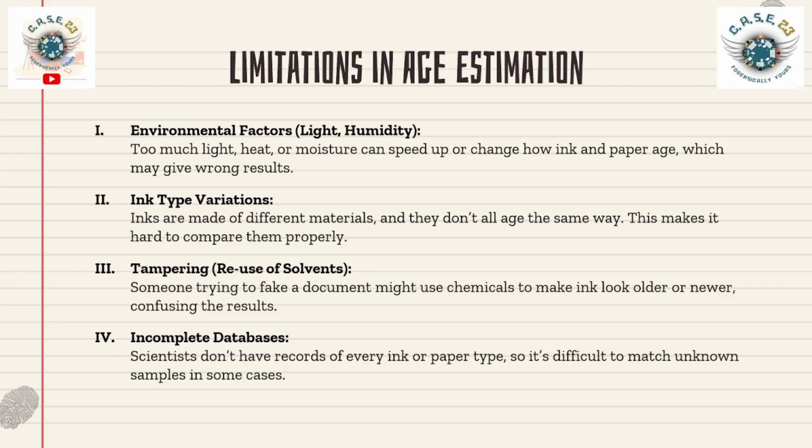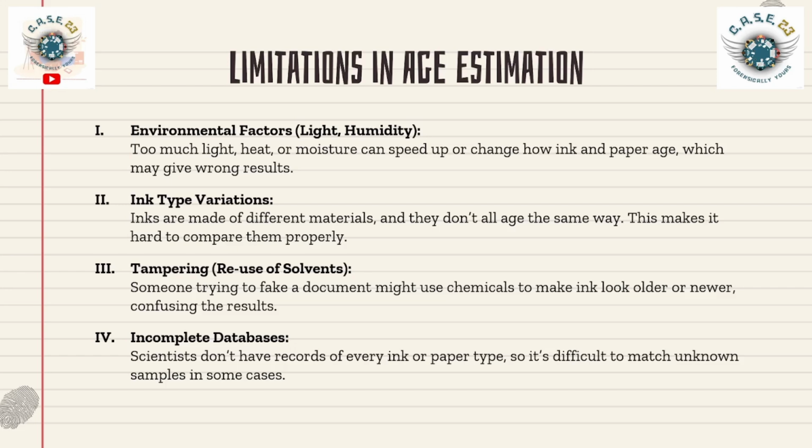The first and most common one is environmental factors like light and humidity. Light, heat and humidity can seriously affect how ink and paper age. Too much sunlight or moisture can speed up the aging process unnaturally. So a document might look older because it was stored in bad conditions, even if it's not that old.